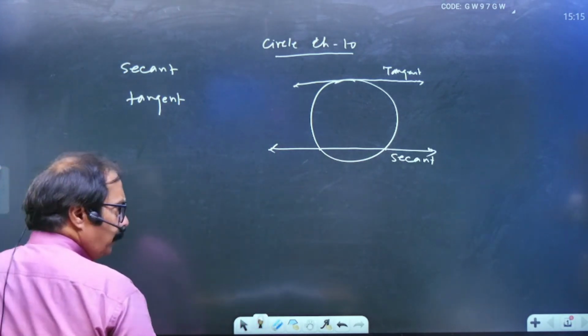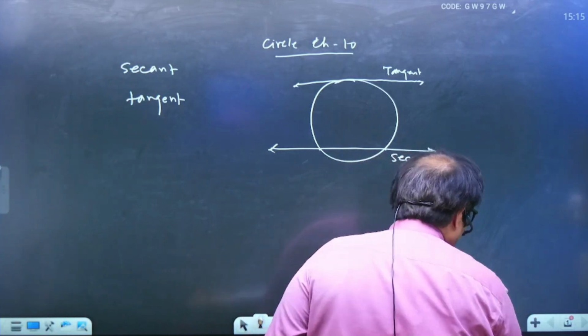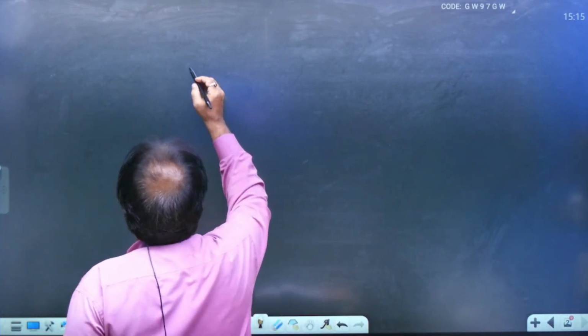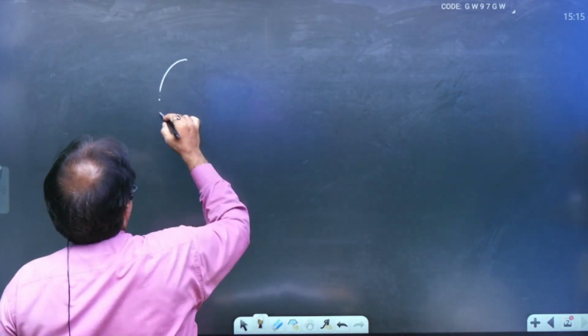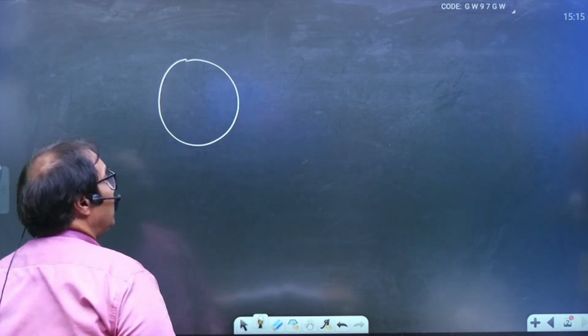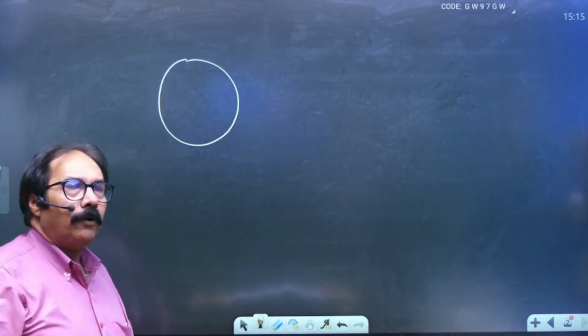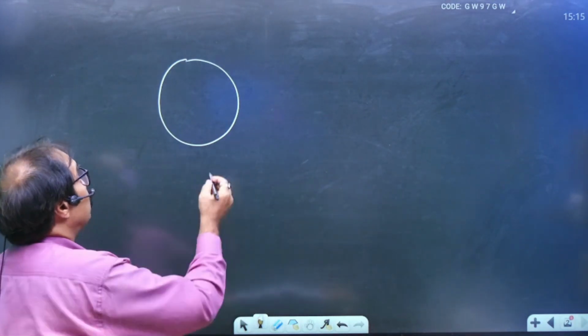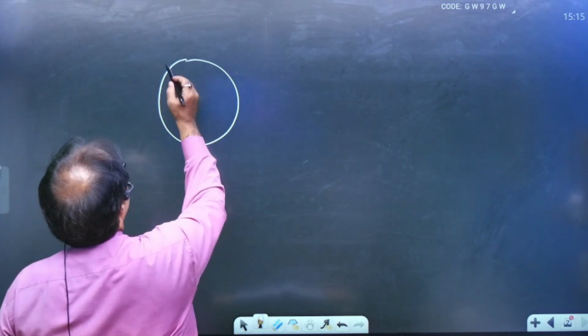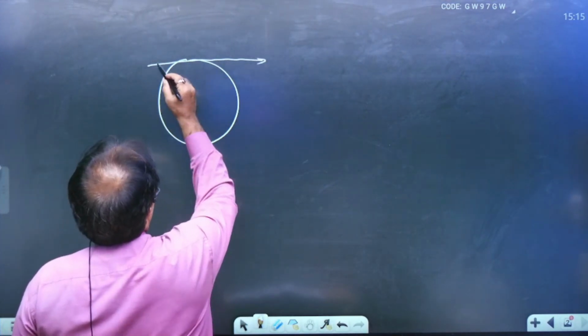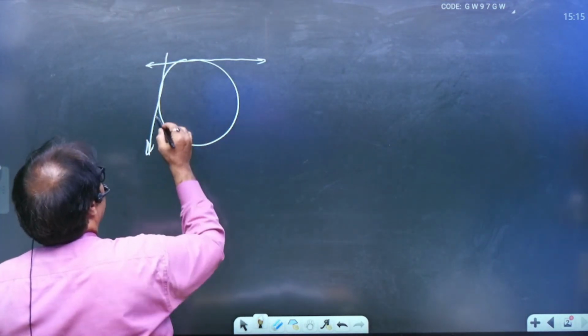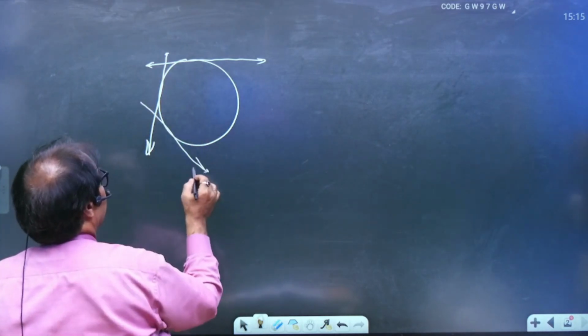Now see, if a circle is given, how many tangents does a circle have? A circle has infinitely many tangents. Why? This is one tangent, this is another tangent, this is another tangent.